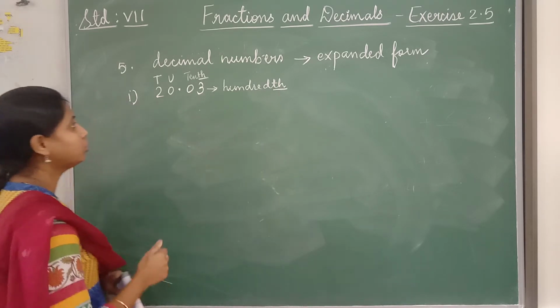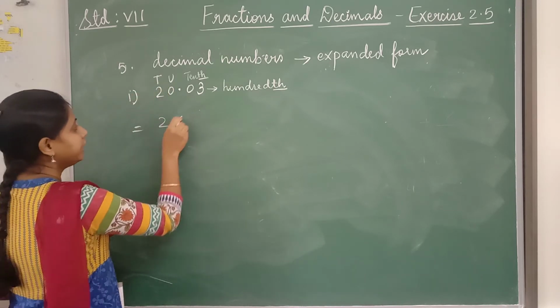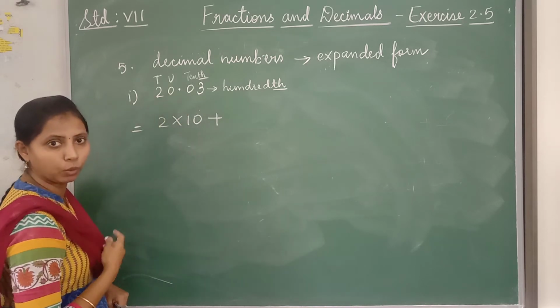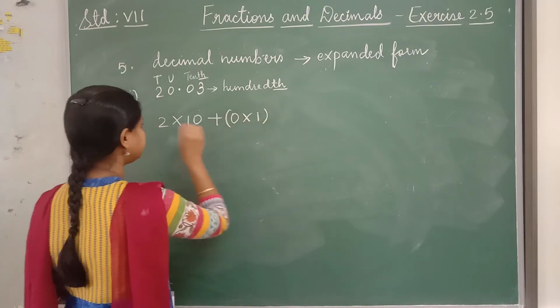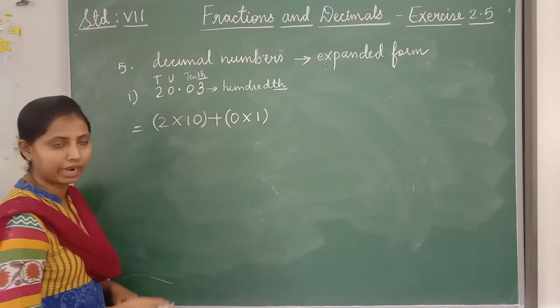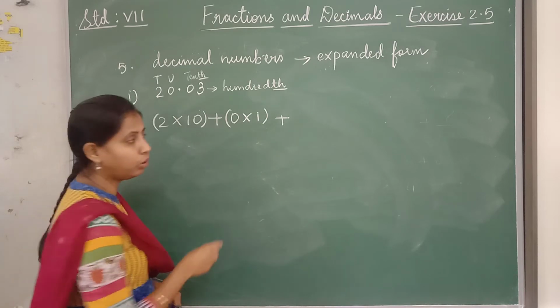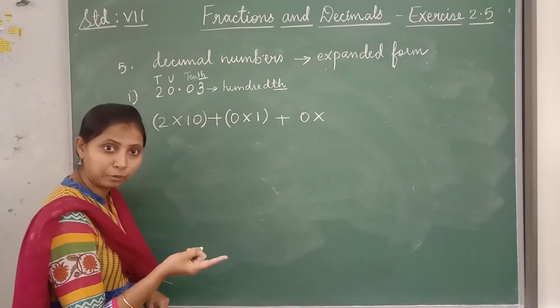Okay. So how to write in the expanded form? So 2 is in tens place, so 2 into 10, children. So plus, next digit is 0. 0 is in units place. So 0 into 1. If you want, you can write in bracket. Then again plus, the next digit is 0. So what is the place value of 0? 0 is in tenths place.